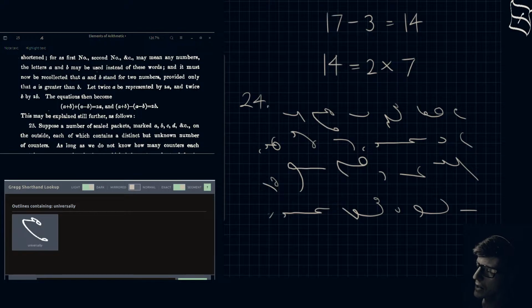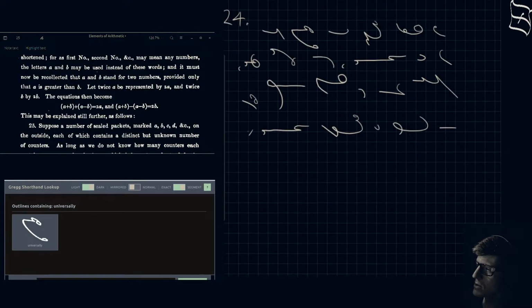Then, there we go. Then certain signs drawn from the alphabet may be used in place of explicit numbers.